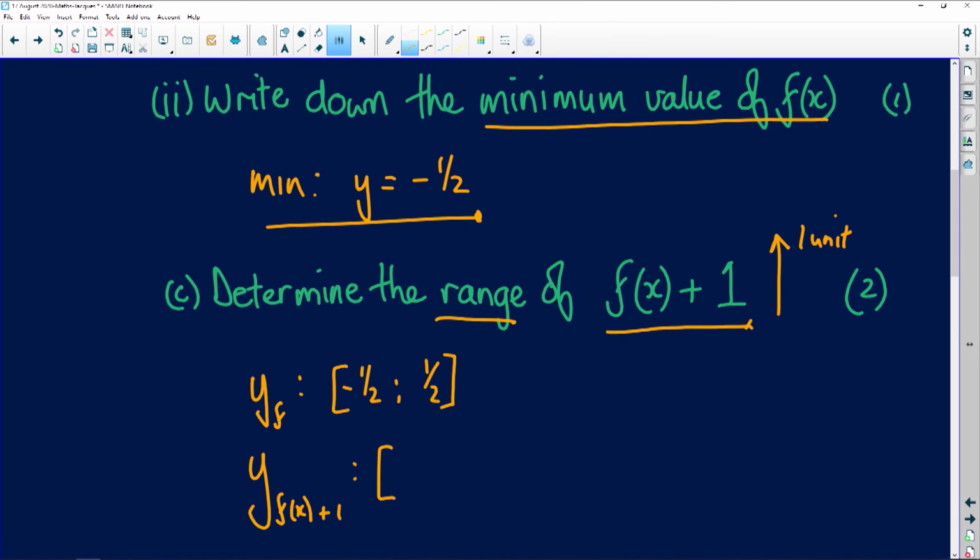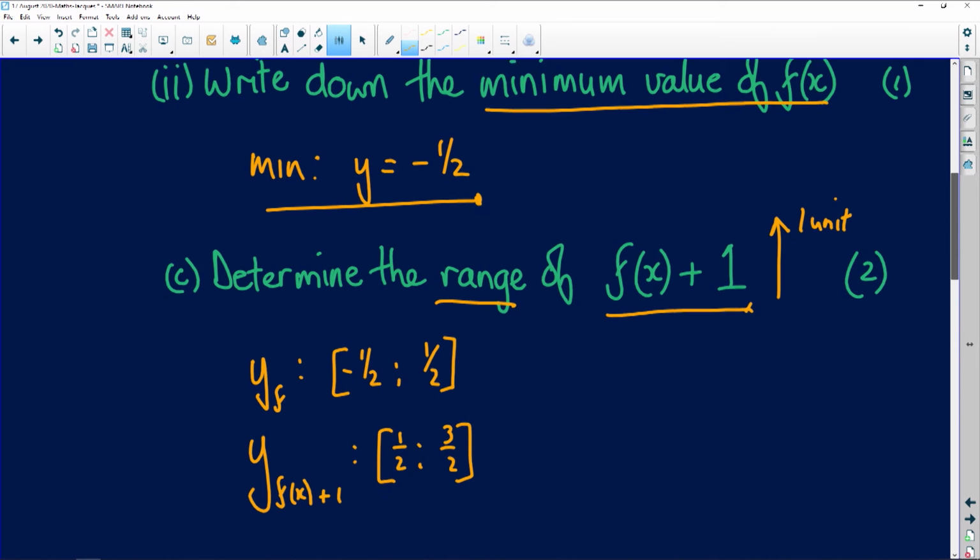So I add 1 to each of the limits in that interval. So that range there will be a half to 1.5. So this whole graph just moved up 1 unit, where it was at minus a half here and a half. Plus 1 is 1.5, and plus 1 is indeed a half at the bottom, minus a half plus 1.